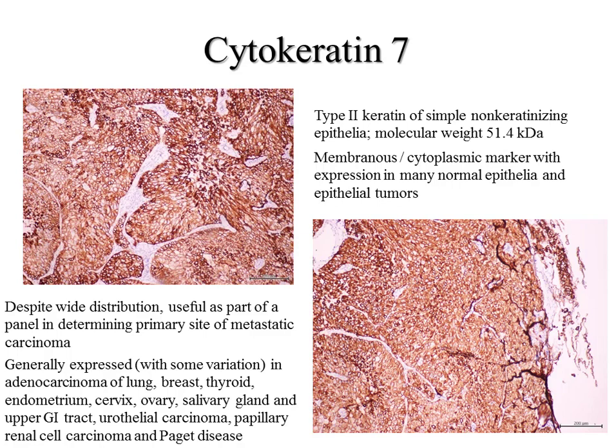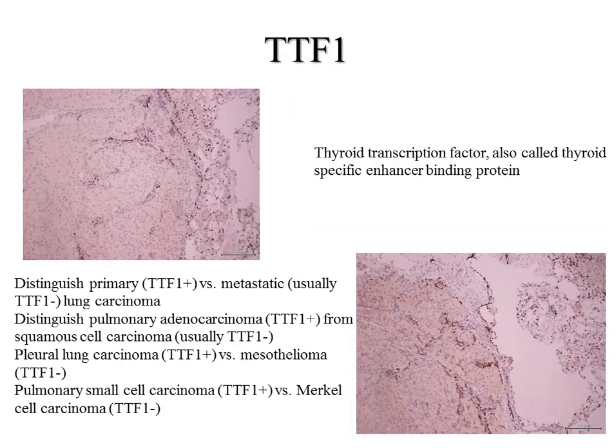Generally expressed in adenocarcinoma of the lung, breast, thyroid, endometrium, cervix, ovaries, salivary gland, and upper gastrointestinal tract, urothelial carcinoma, papillary renal cell carcinoma, and Paget disease. And here you can see the bright positive reaction in the tumor mass. Next marker, which we used, TTF1, thyroid transcription factor, also called thyroid specific enhancer binding protein.